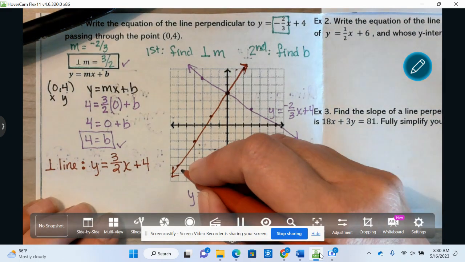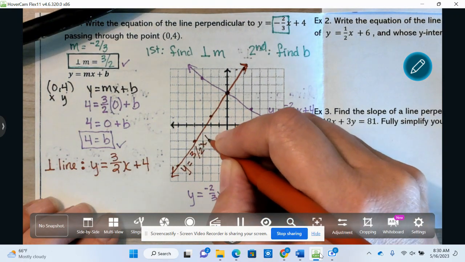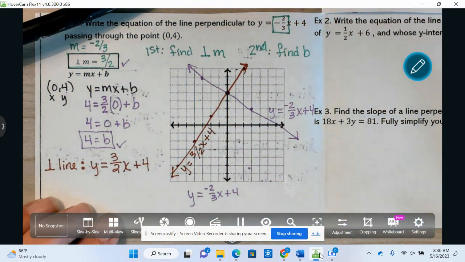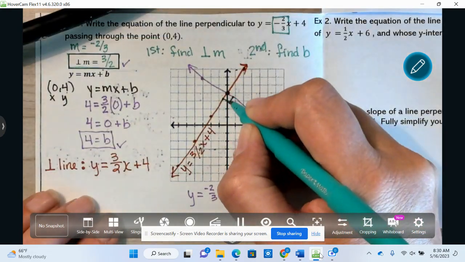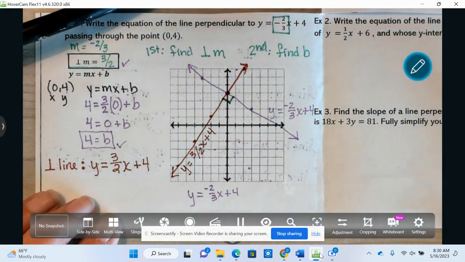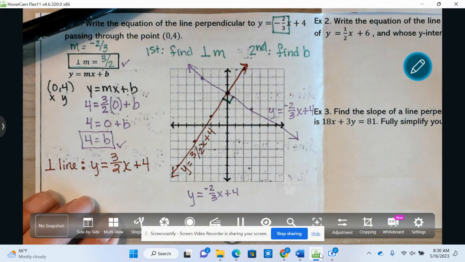So this is the line y equals 3 halves x plus 4. And these two lines are perpendicular, which means right here is what kind of an angle? A right angle. Yeah, right there we have a right angle.